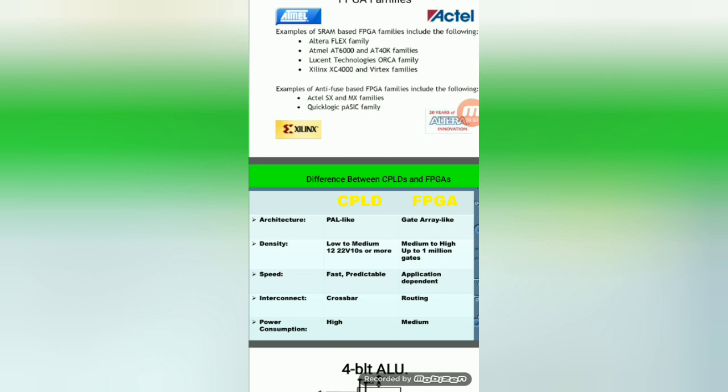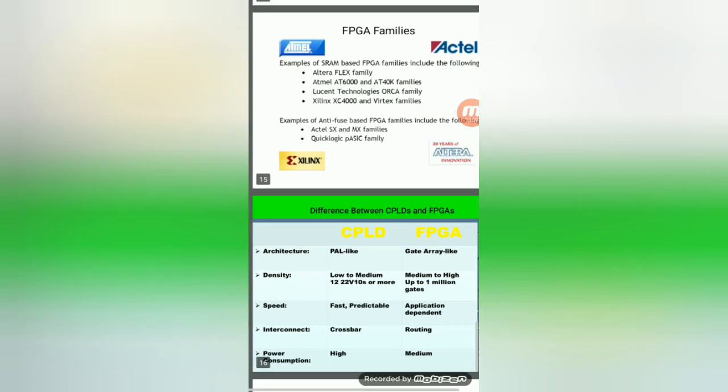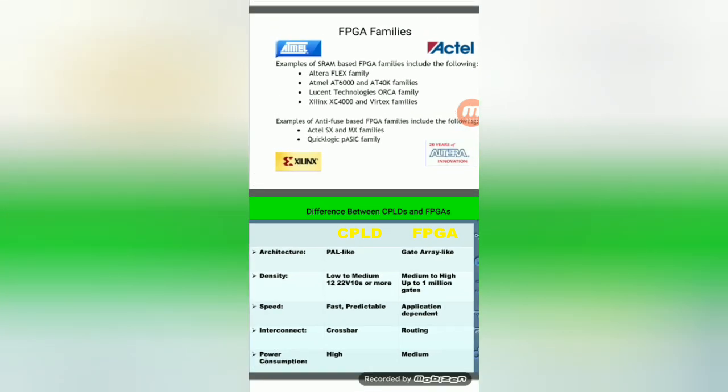Speed is fast in a CPLD, and application dependent in an FPGA. For small applications the speed will be higher, and for large applications the speed will be somewhat lower. Interconnect in a CPLD is crossbar. In an FPGA, programming or routing has two types, SRAM based and one-time fuse. Power dissipation is high in a CPLD and medium in an FPGA. These are the five differences between CPLD and FPGA.